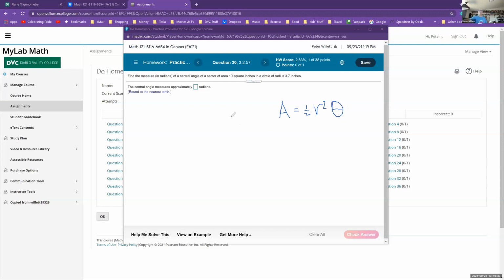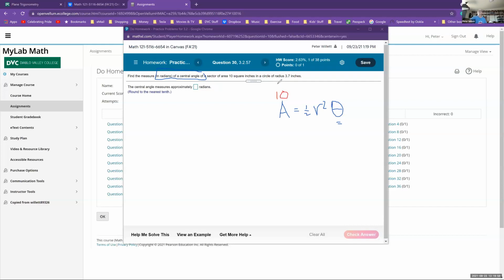What they're asking for is to find the radians of the angle, so we're going to have to solve for theta. To solve for theta, we need them to give us the rest of the information. Well, they tell us the area is 10, so we would plug in a 10 for the area.